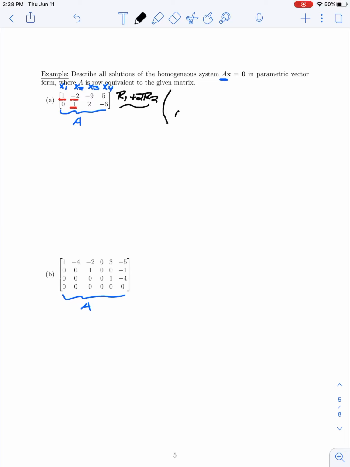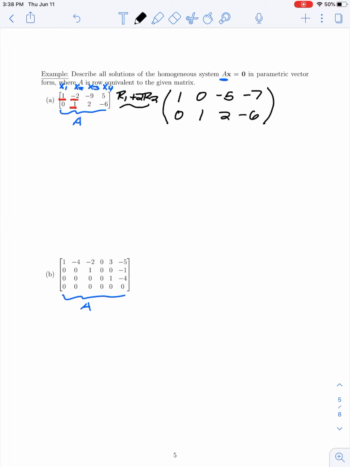So my second row remains the same. 0, 1, 2, -6. And our first row, when we perform this operation, becomes 1, let's see, 2 minus 2 is 0, 4 plus our -9 is -5, and then minus 12 plus 5 gives us a -7.